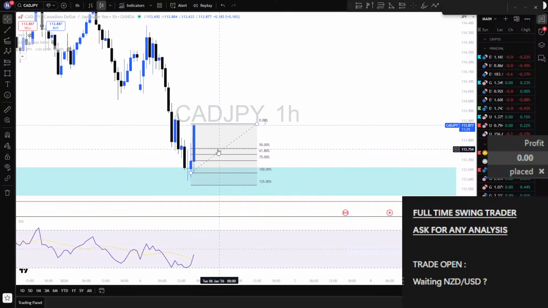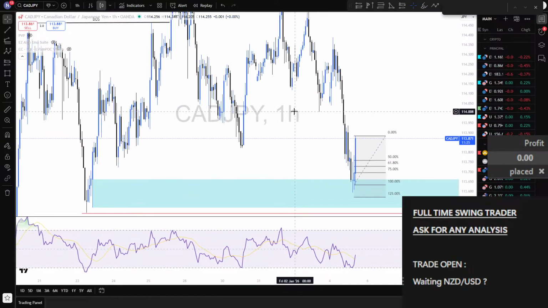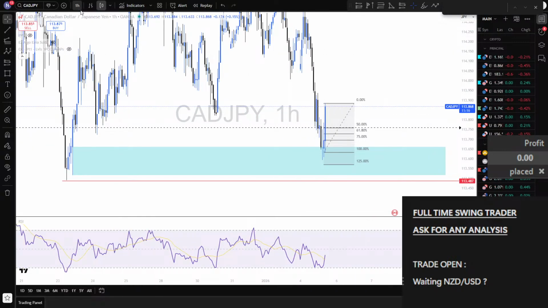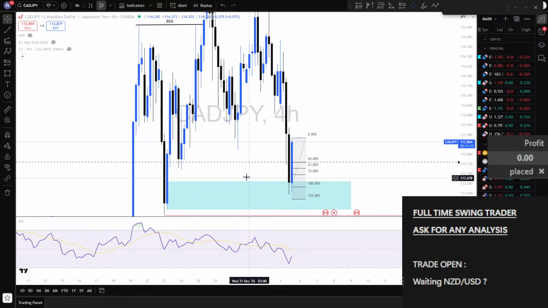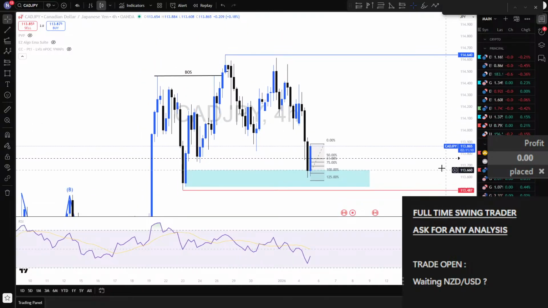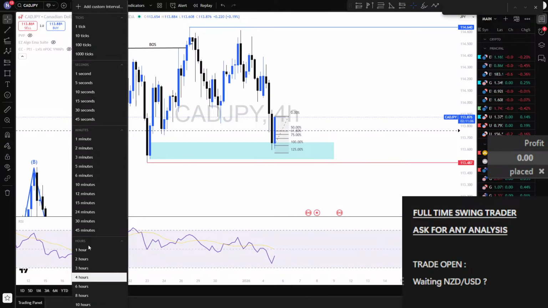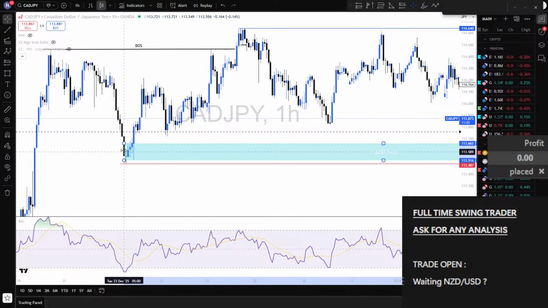CHF JPY can be interesting too. We'll see. It's a bit different, but it's in its external liquidity, like I said, in 4 hours. He filled the last thing to fill in 1 hour.